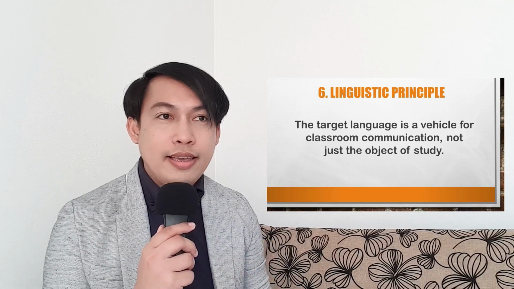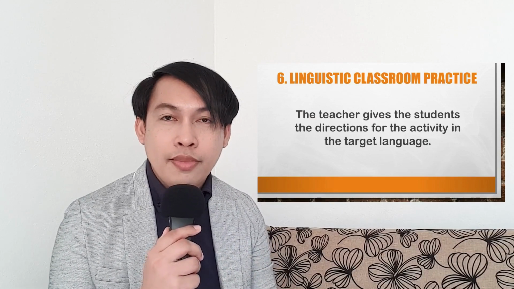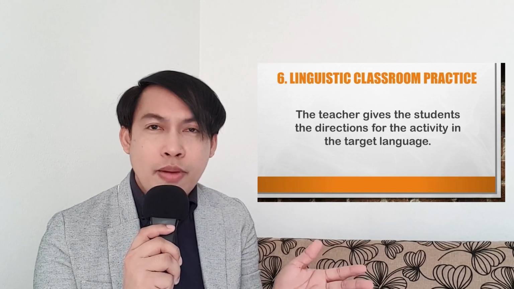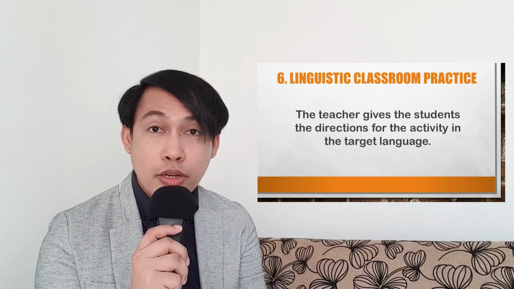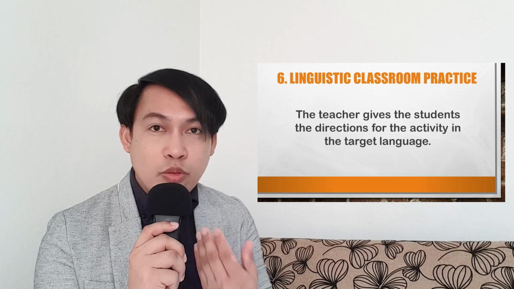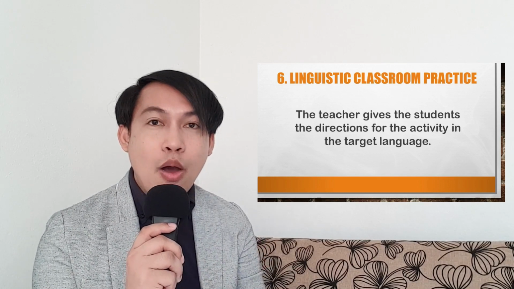How can we practice this in the classroom? The teacher gives the students the direction of the activity in the target language. This means that the students can learn from us the way how we use our personal choice of words or expressions and the way how we provide the directions in playing games.